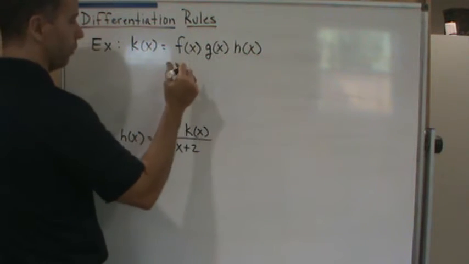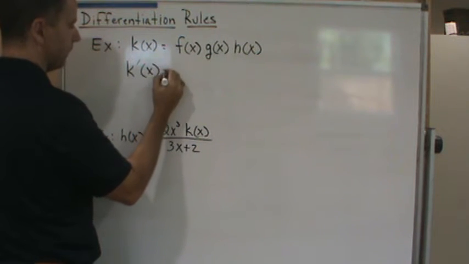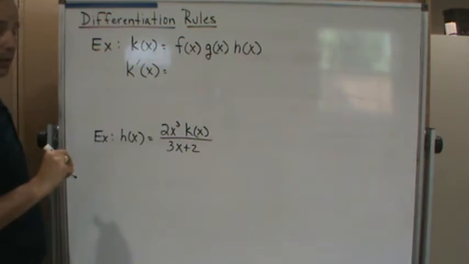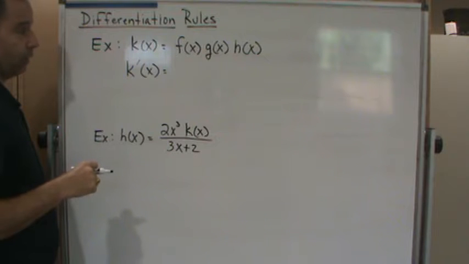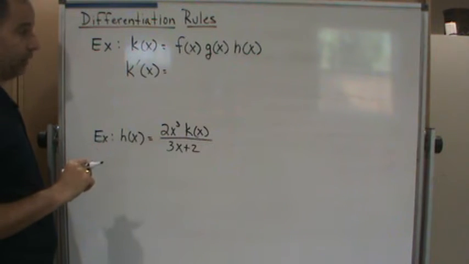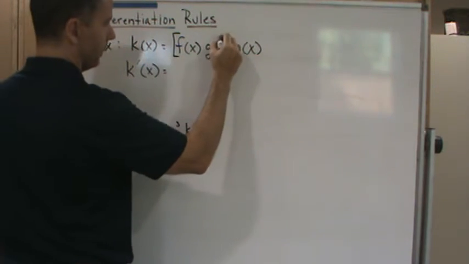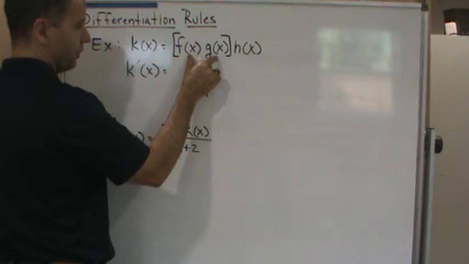So the first one we're going to do is we want to find k prime of x, but we've got a product of 3, right? So now what we're going to have to do is apply the product rule twice here. And I'll show you what I mean. So we're going to group these two together, and just treat this like one function.